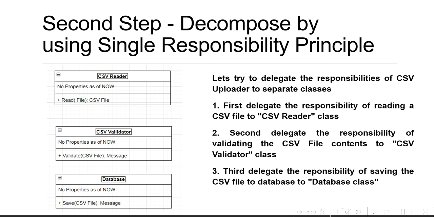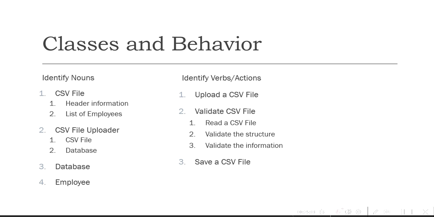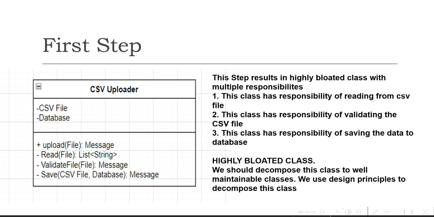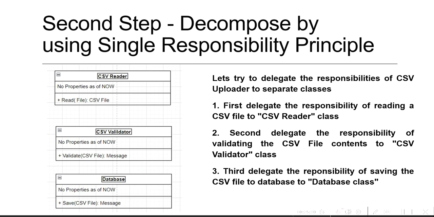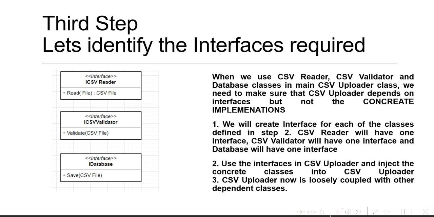Okay, so this can be further delegated into different services, which I will talk about a little later, not now. So this is how the entire decomposition of classes works, right from identifying the classes, then going through design principles and breaking them down, and you have these interfaces, right? So this is how you are going to identify classes and their responsibilities in this high level analysis, high level design phase.